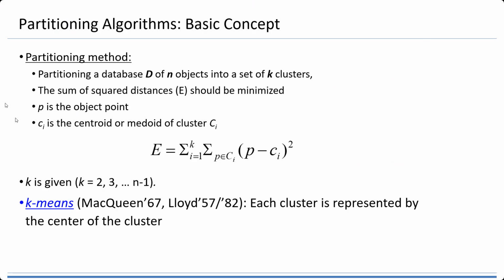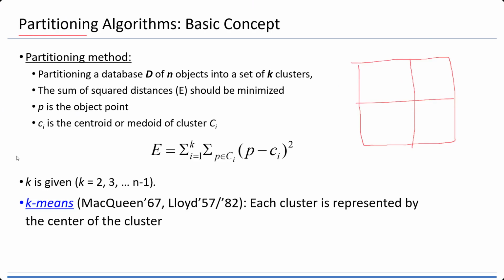Let's say I have a box and I want to partition it into four, then I can partition it like this. So partition means making some clusters, making some groups.